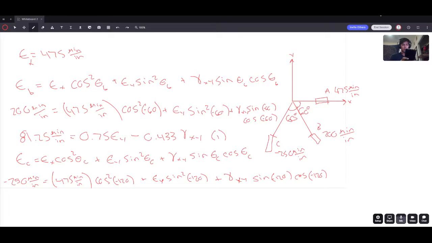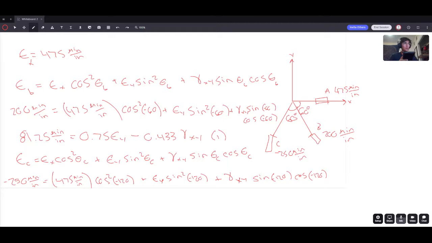475 times cosine squared negative 120 is again 118.75. Negative 250 minus 118.75 gives us negative 368.75.